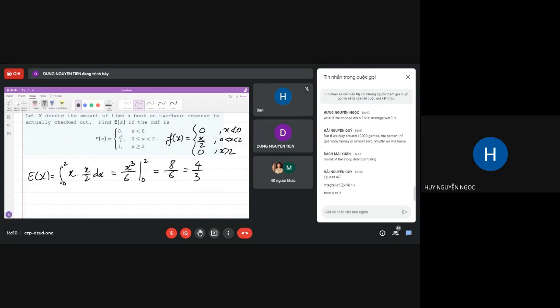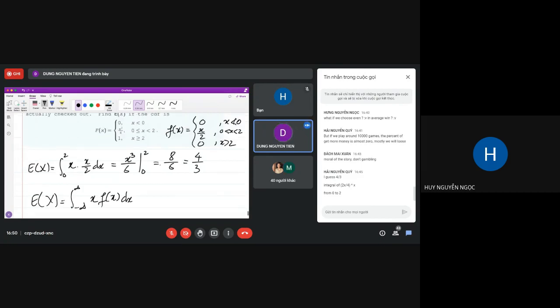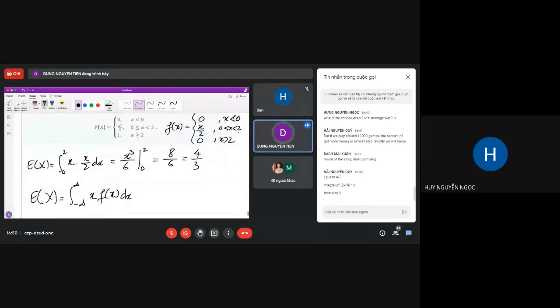Can you repeat again about the equation for the mean of x, sir? Okay. The mean of x is the integral from minus infinity to infinity of x times f of x, correct? The function is 0 outside the interval 0, 2, that's why I only need to integrate from 0 to 2.